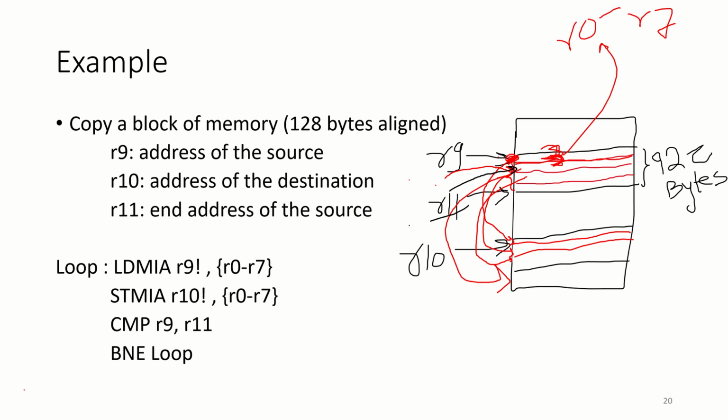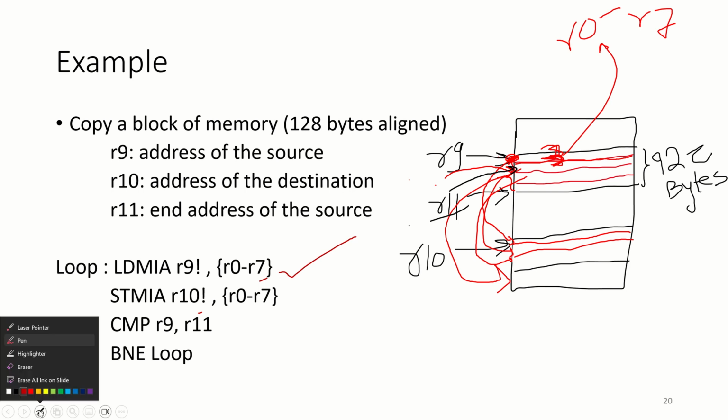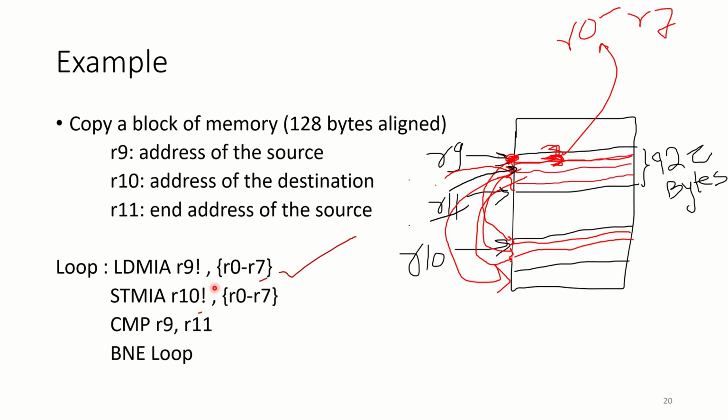So this instruction will load multiple registers R0 to R7 with the values at R9, R9 plus 4, R9 plus 8. So 8 values are going to be stored into these, and the R9 value has changed. R9 might be pointing here.